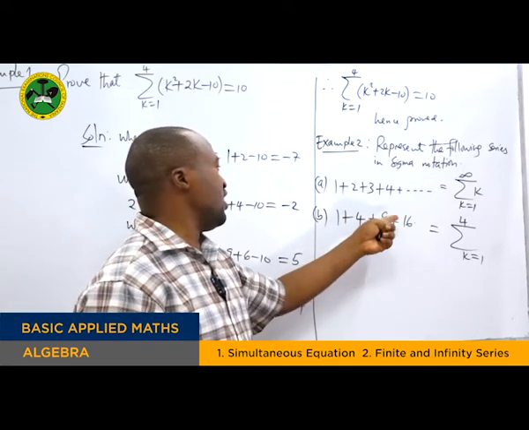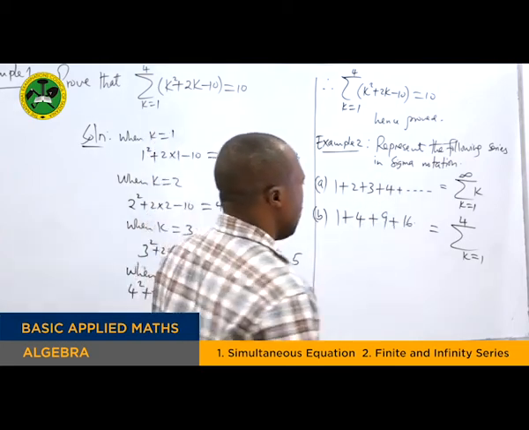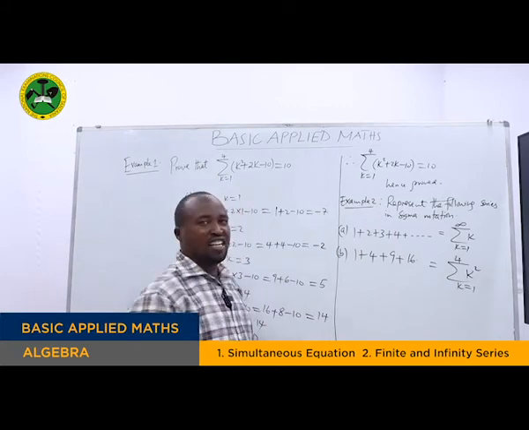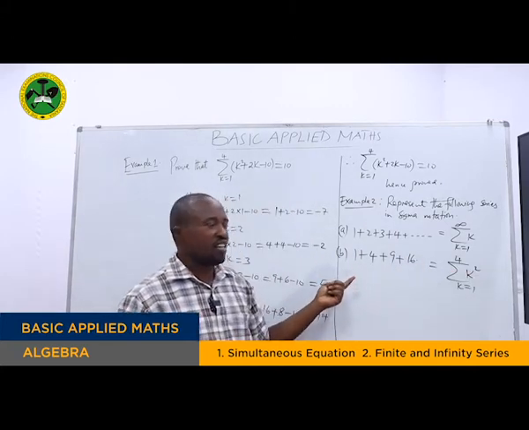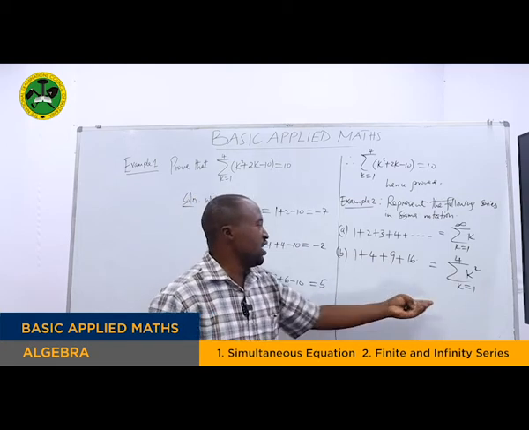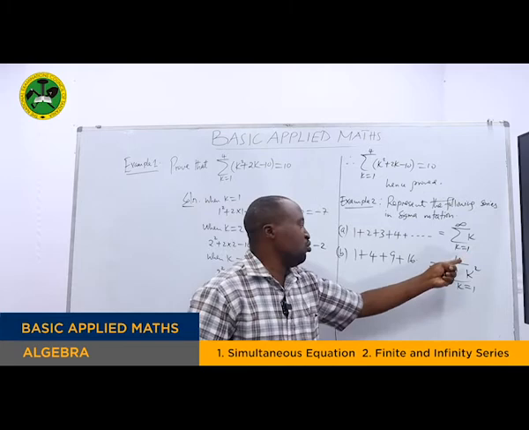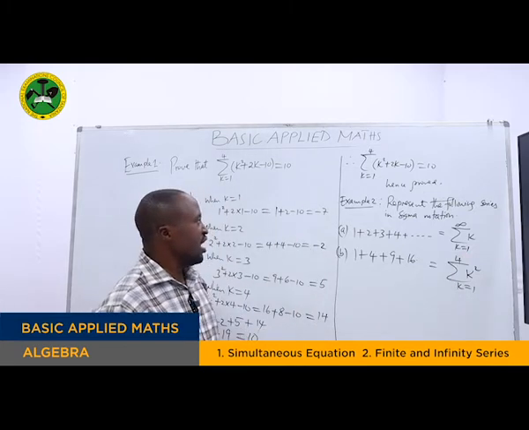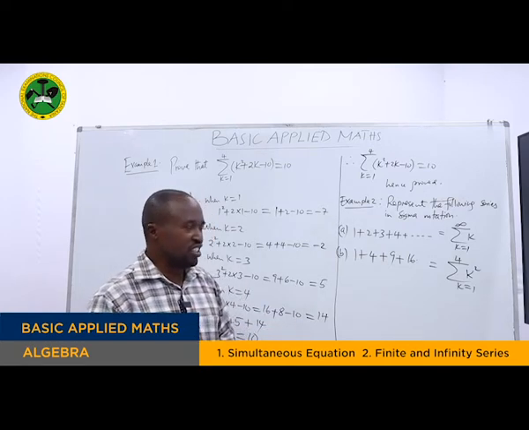Again, 3 squared is 9. 4 squared is equal to 16. So it's the same as k squared. That means when k is equal to 1, 1 squared is 1. Again, when k is equal to 2, 2 squared is 4. Then proceed up to 4. So that is how to use sigma notation to write the given series.